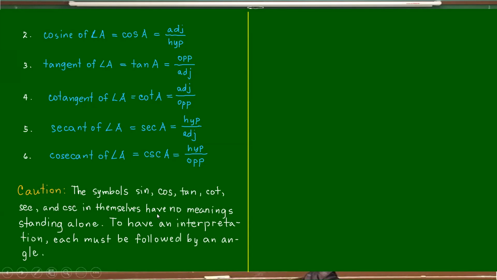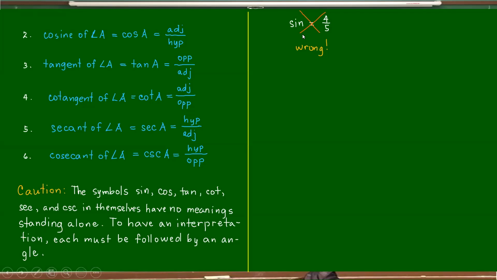So there is a question here. The symbols sine, cosine, tangent, cotangent, secant, and cosecant in themselves have no meaning, standing alone. To have an interpretation, each must be followed by an angle. So sine equals 4 over 5, that's wrong, because there is no angle attached to the sine function.